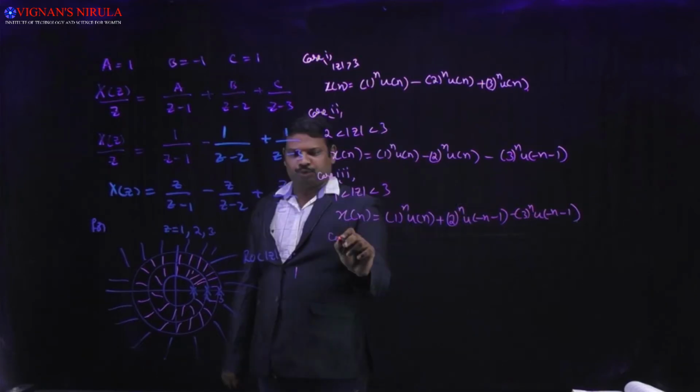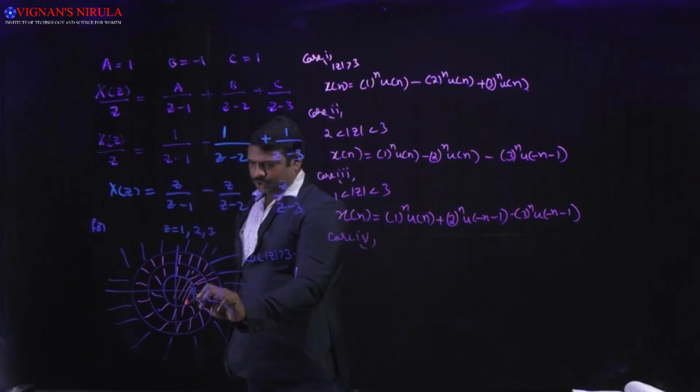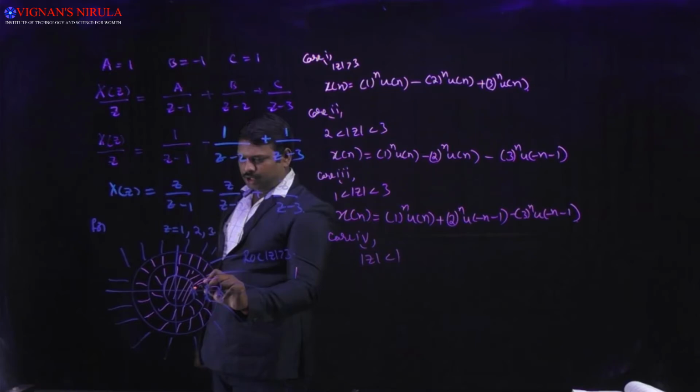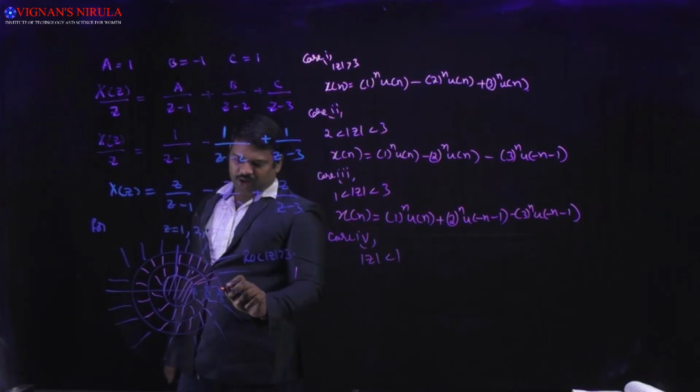In the case 4, that is inside the circle of radius 1, that is mod z less than 1. For this case, the ROC is inside the pole 1, inside the pole 2, inside the pole 3. Everything is inside only.